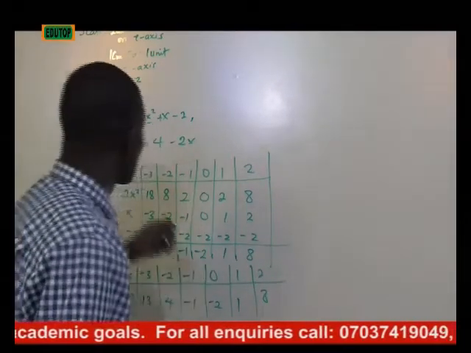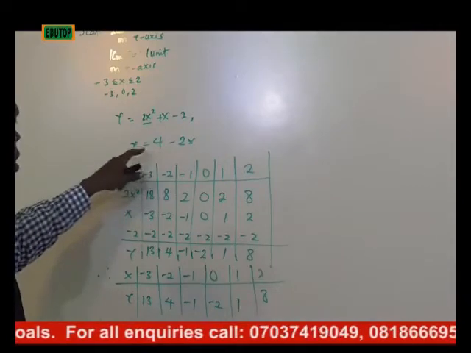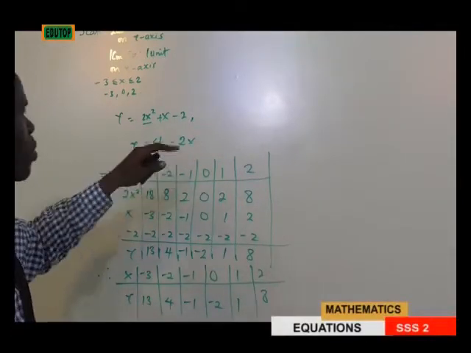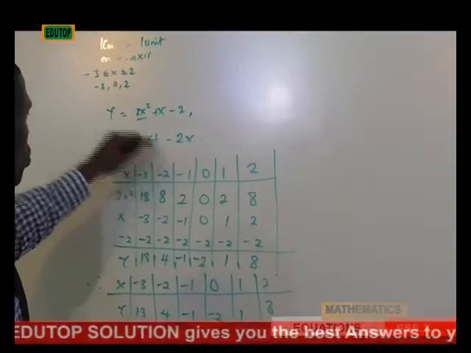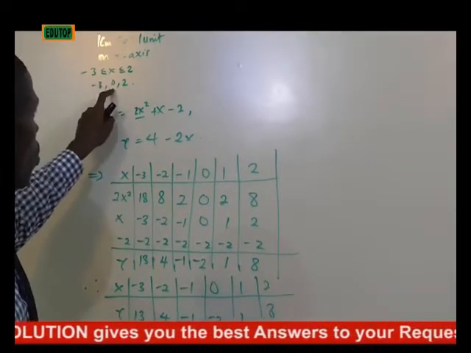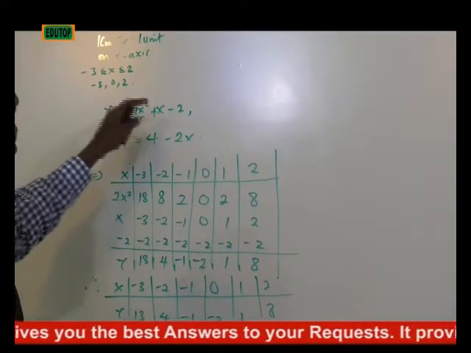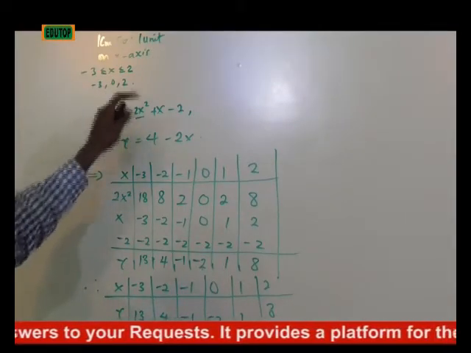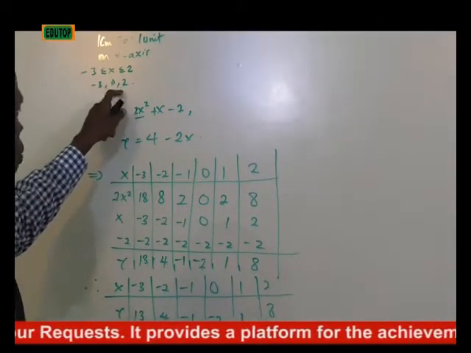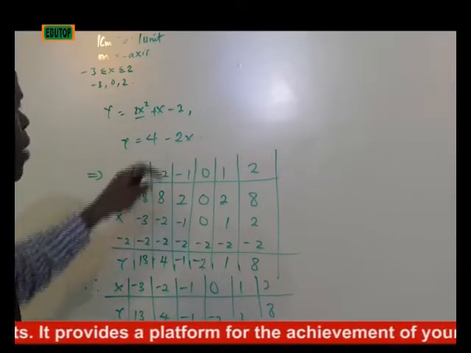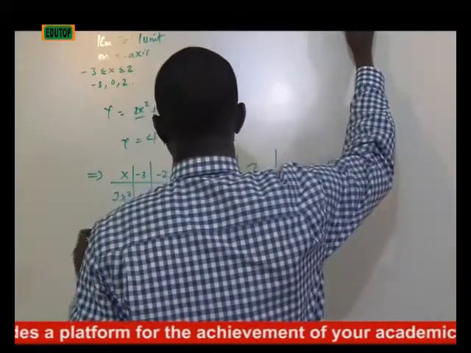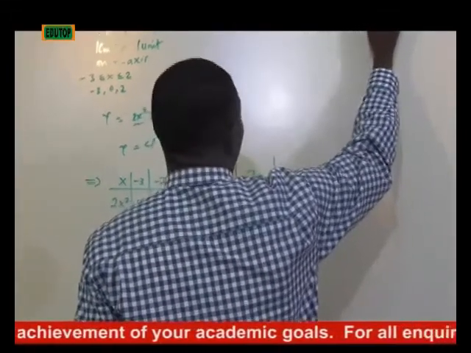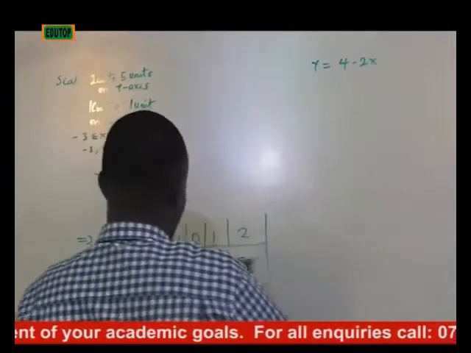Now, for this particular graph, which is a linear graph, we have 3 critical values. I decided to use minus 3, 0, 2. You can pick every other value, but I believe for convenience, minus 3, 0, and 2 are the respective critical values of x for this linear graph. So we have a linear graph of y equals 4 minus 2x.